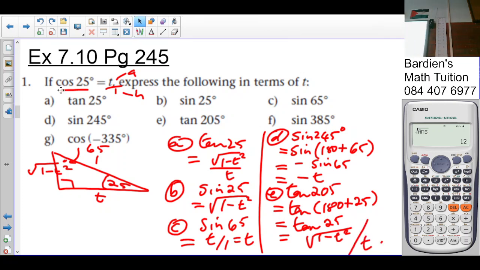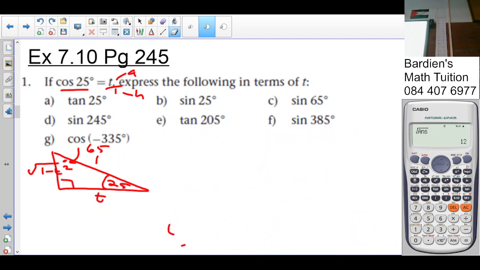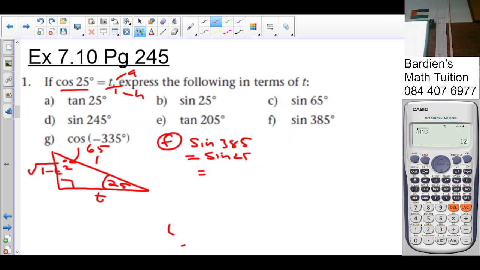Any issues thus far? No. Okay. F, sine of 385. That's over 360, so what do I do? Minus 360. That gives me sine of 25. What's sine of 25? Opposite over hypotenuse. So it's the root of 1 minus t squared over 1, which is the root of 1 minus t squared.